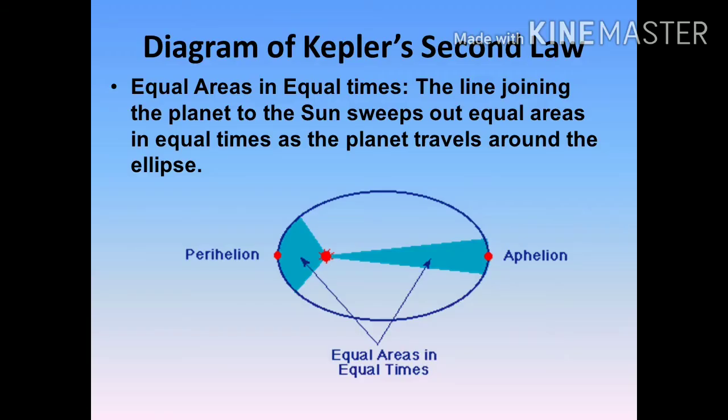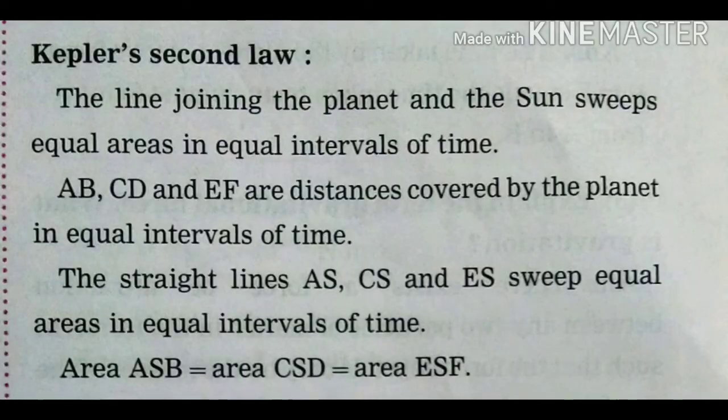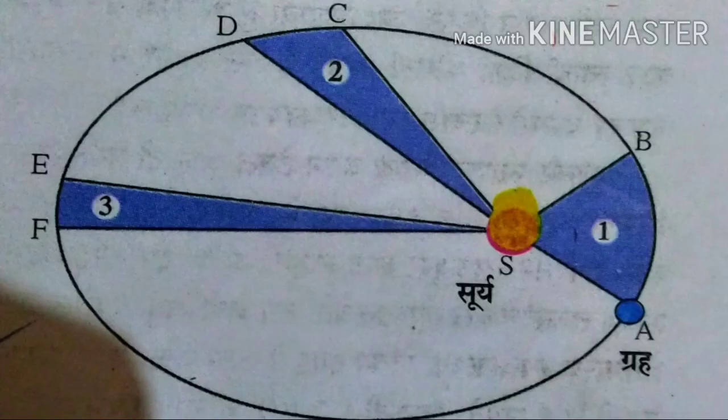Kepler's second law: the line joining the planet and the sun sweeps equal areas in equal intervals of time. AB and CD, EF are distances covered by the planet in equal intervals of time.